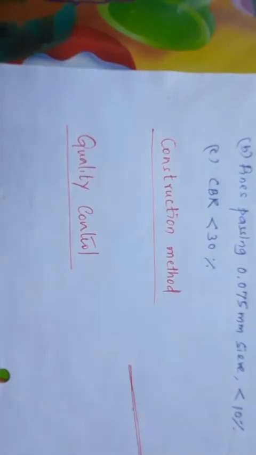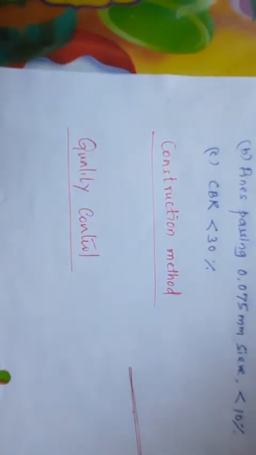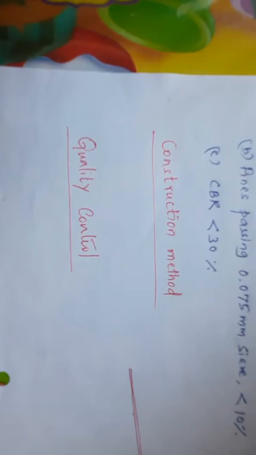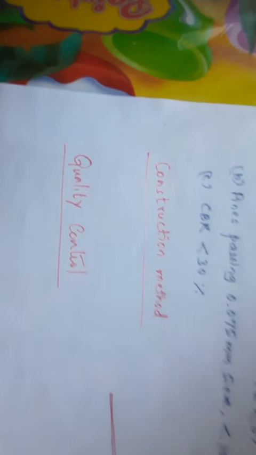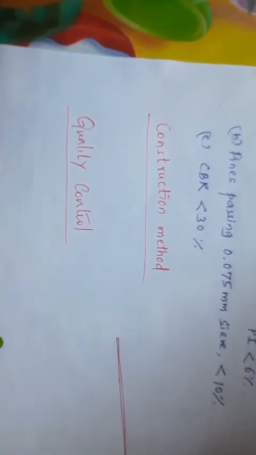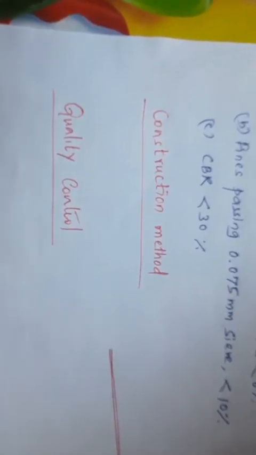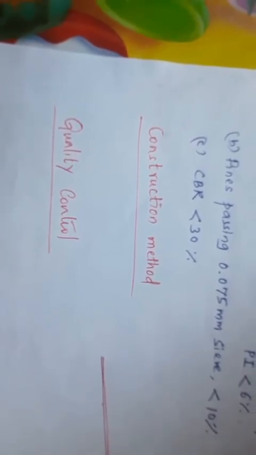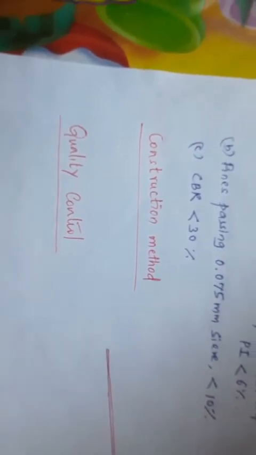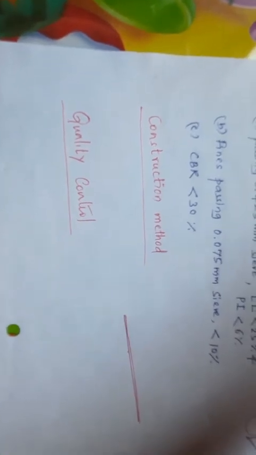First, the subbase material is spread to uniform thickness and specified cross slope using a motor grader by adjusting the blade of the grader. Next, the moisture content of the material is checked, and the additional quantity of water to bring it up to OMC is sprinkled at a uniform rate using a truck mounted sprinkler.